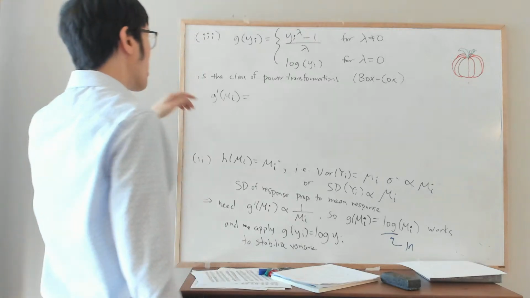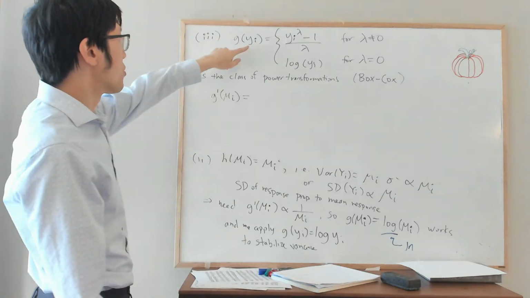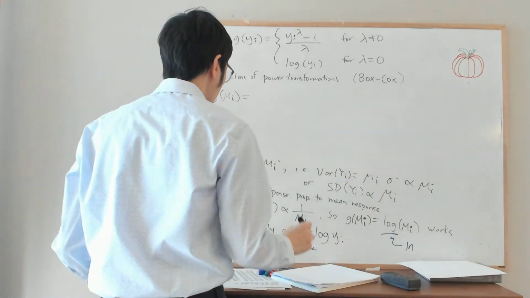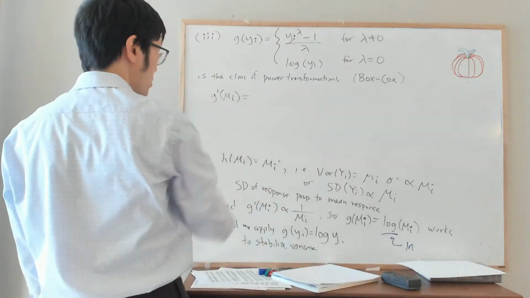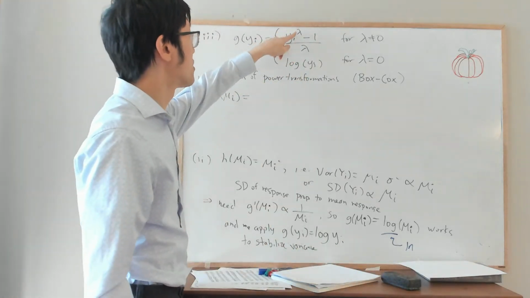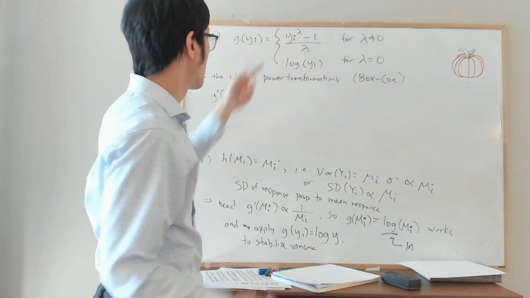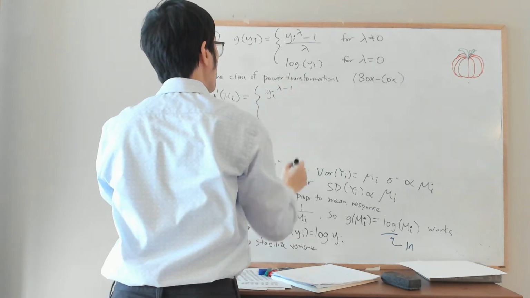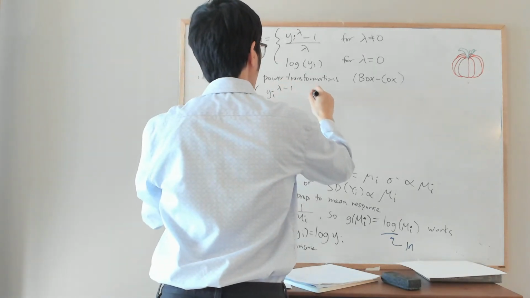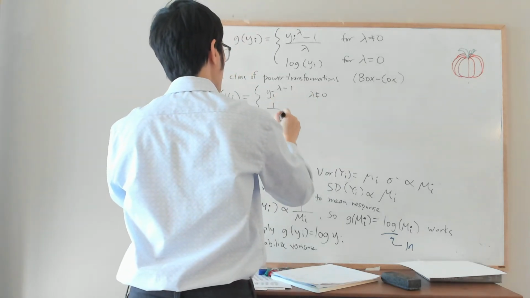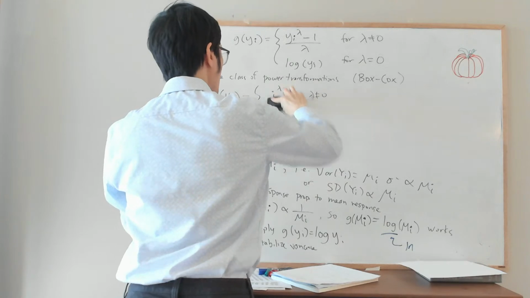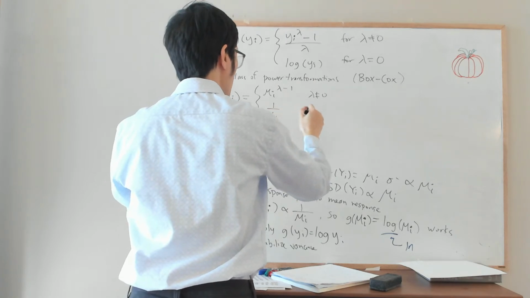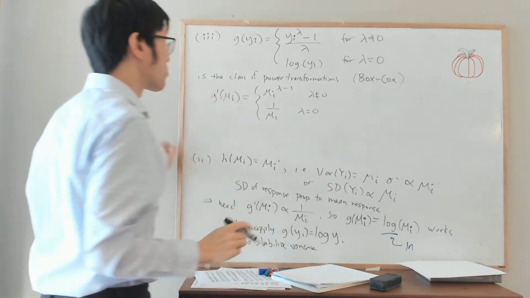If I apply the function on the mean and then take its derivative, because that's the relationship we found earlier with h, notice that by design the lambda part is going to cancel, so you're going to have mu i to the lambda minus 1 for any lambda not equal to 0, and then 1 over mu i for lambda equal to 0.